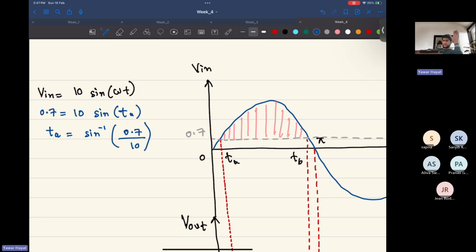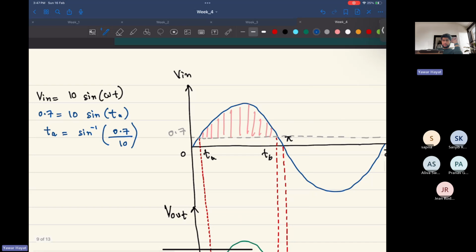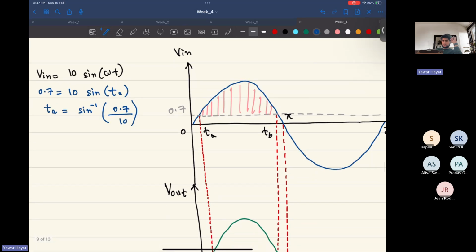You can see what the value would be, but just keeping this in terms of sine inverse of 0.7 by 10. Now we will see why I'm keeping it in this form. This would help us later onwards. Similarly, you can see TB would be pi minus sine inverse of 0.7 by 10. Convince yourself that this TB is equal to this.